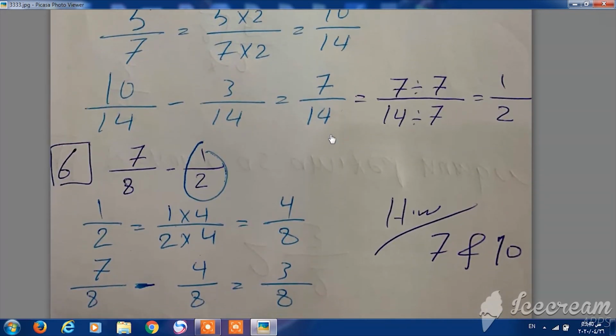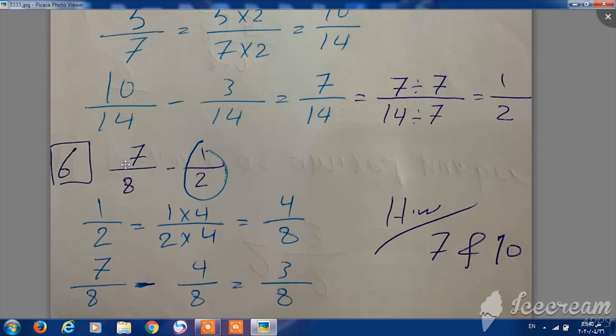And we have number 6, 7 over 8 minus 1 over 2. Also from there we take this fraction, it has the smaller, or we can say lesser denominator, so we find the equivalent fraction for this. We multiply by 4, we get 8. Okay, we know that 2 multiplied by 4 equals 8.